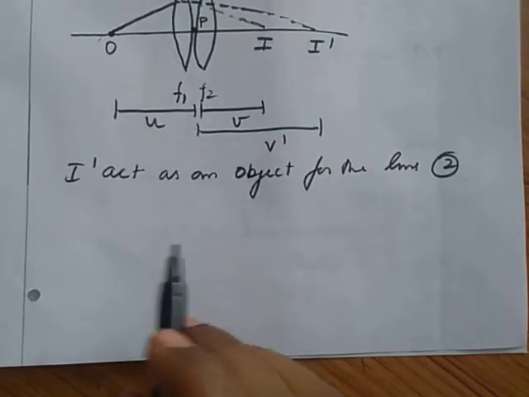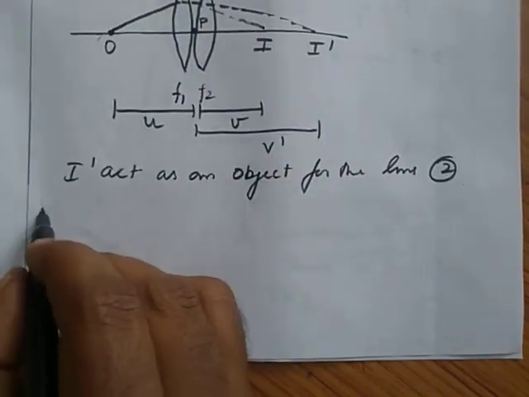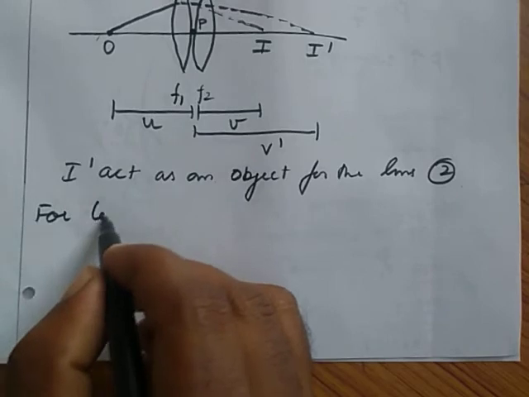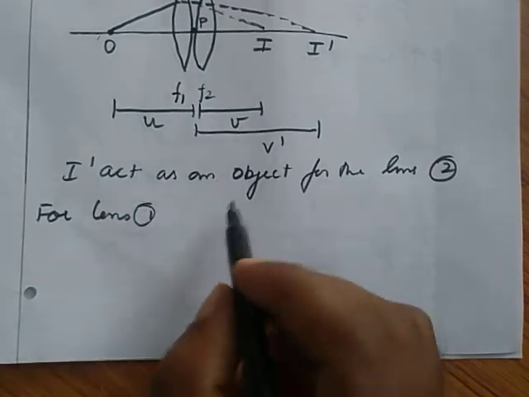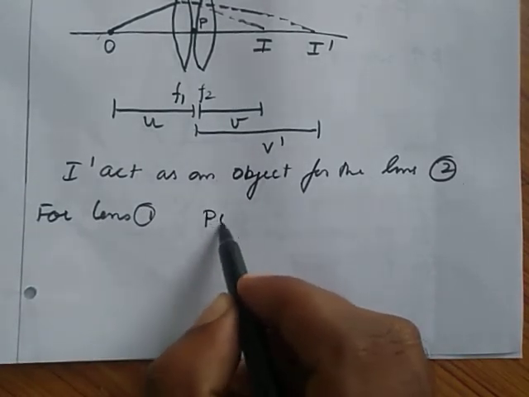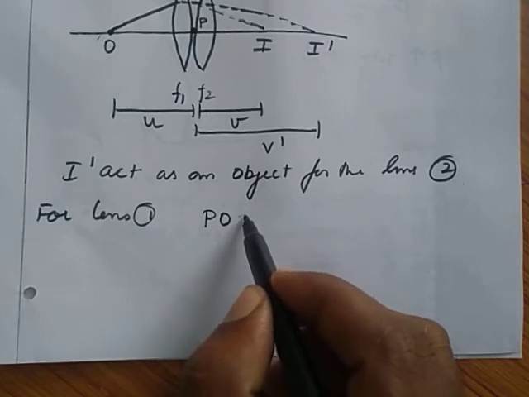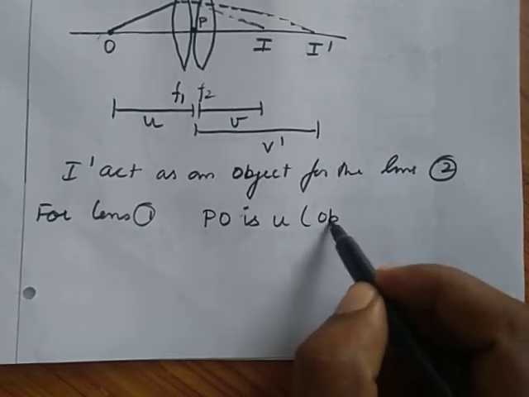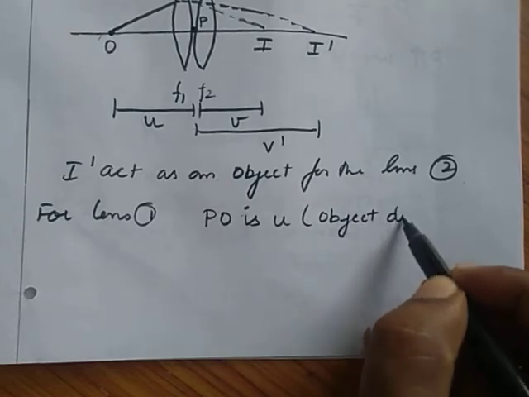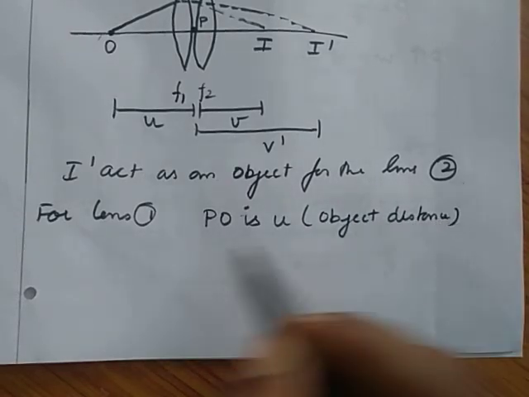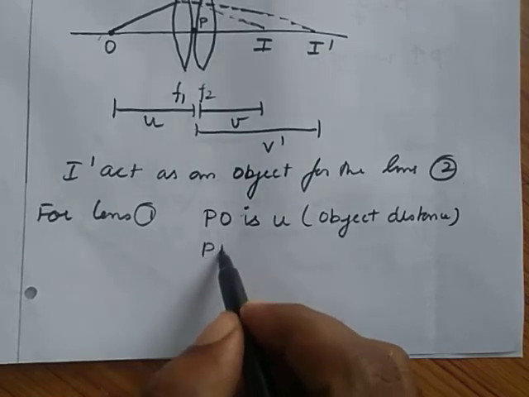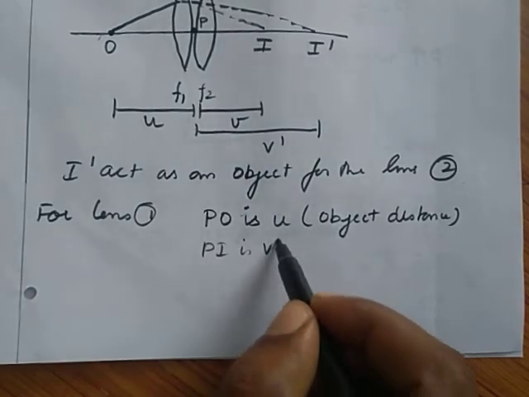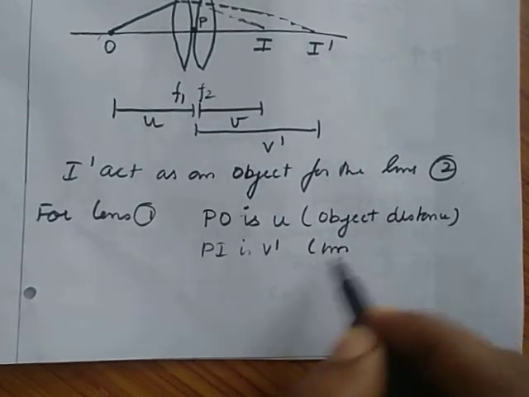For lens 1, PO is U, that is known as the object distance, and PI dash is V dash, that is the image distance for lens 1.